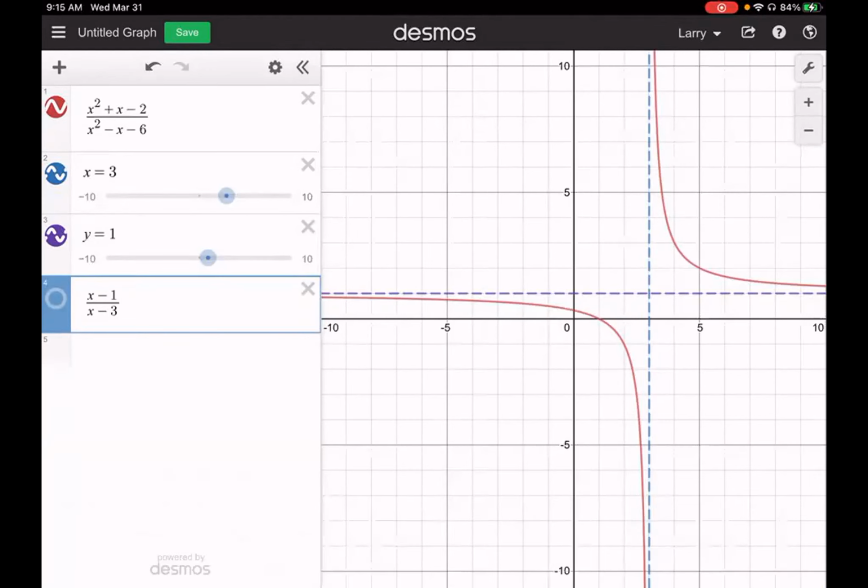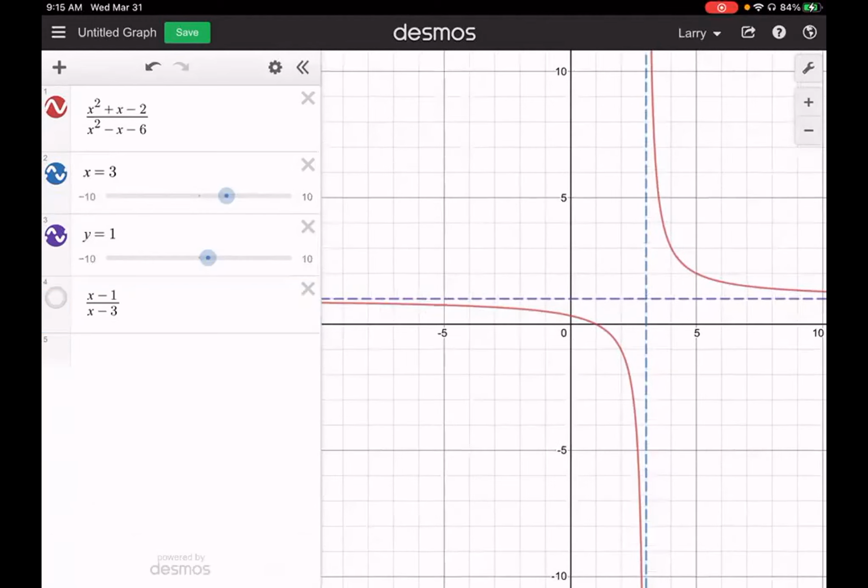I'm going to show you where our issue is. If I try and drag this point, I said we had a hole at -2. Well, there it is. It's very hard to see the hole. Desmos doesn't actually graph the hole, but if you go to -2, you will see it's undefined.